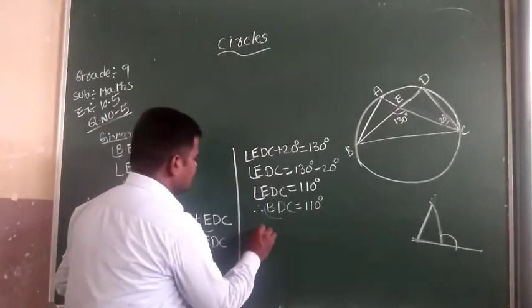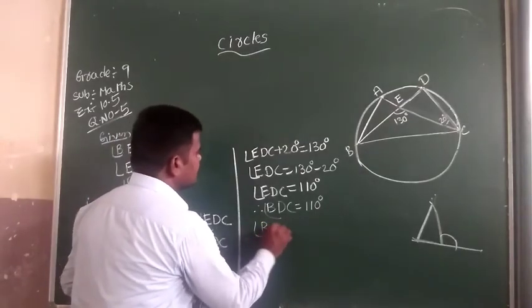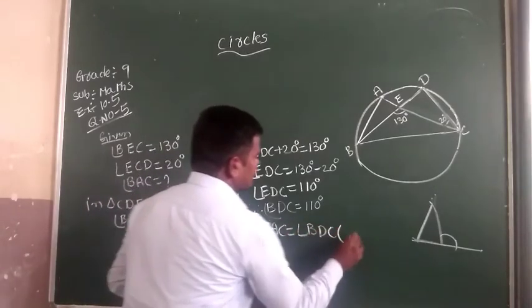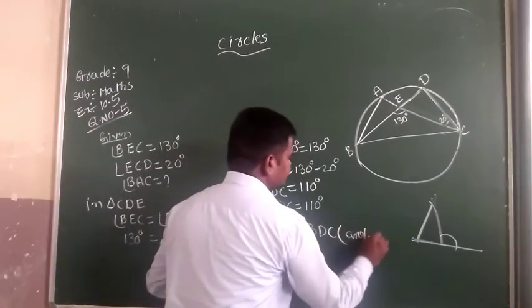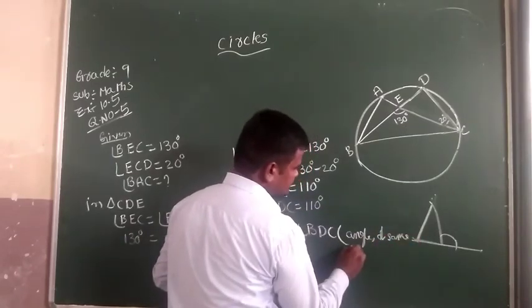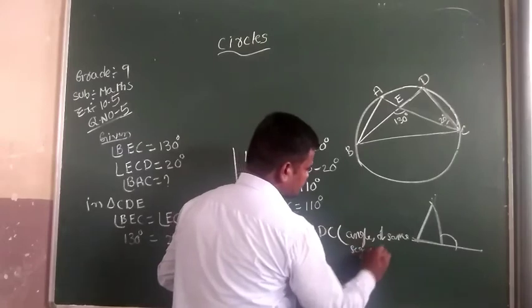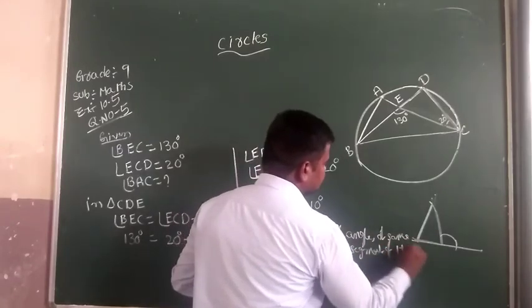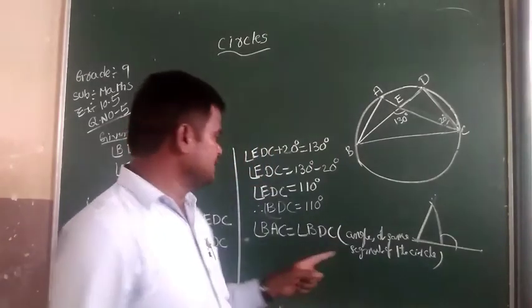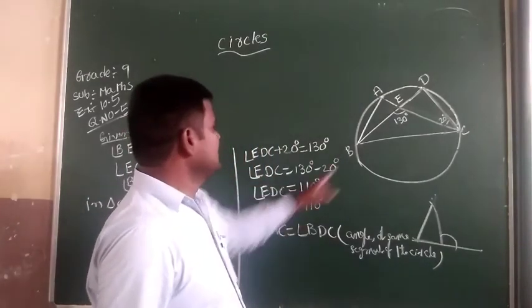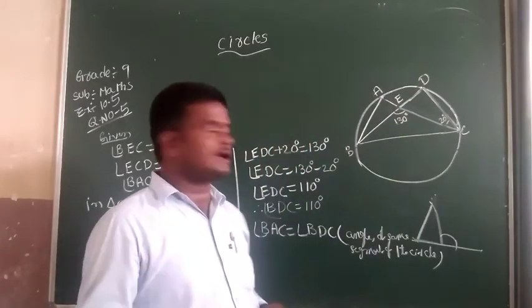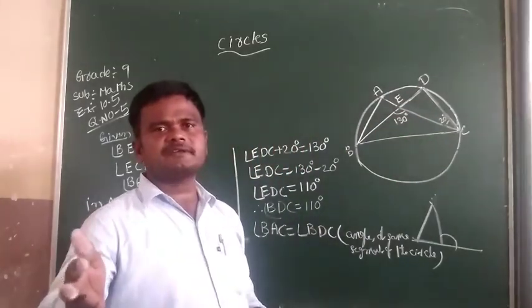So angle BAC equal to angle BDC, angles of the same segment of the circle. Here angle BAC and BDC are angles of the same segment of a circle.